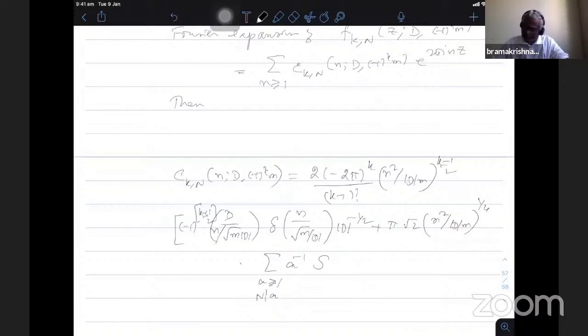Some finite exponential sum comes here, S_{a,D}^{-1/4km}(|D|m, n), and then a Bessel function of order k minus half.